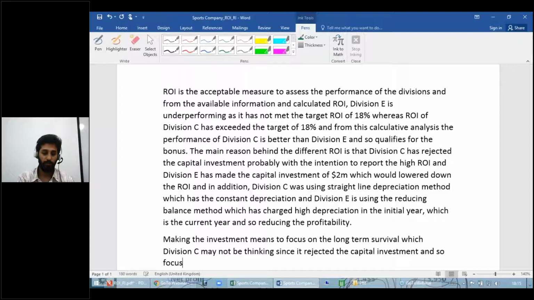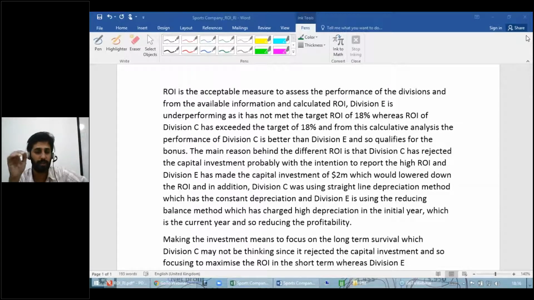And so focusing to maximize the ROI in the short term, whereas division E is focusing on the capital investment, all right. And when the capital investment is being made, that's only the long-term thinking.